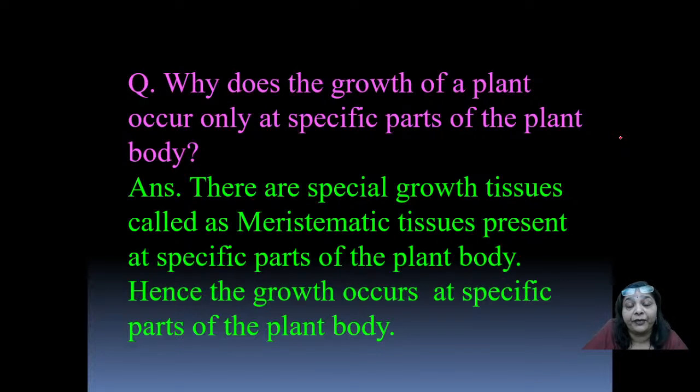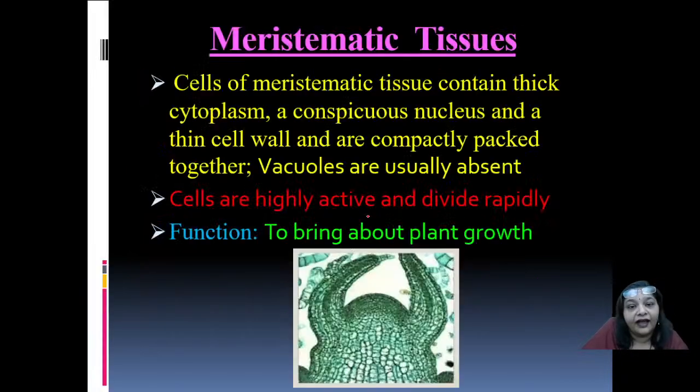These tissues help in the growth of the plant, whether it is in the stem or the roots, the branches or the leaves. Any part of the plant grows only because of these special growth tissues called the meristematic tissues. Now, let us talk about these meristematic tissues. The cells of meristematic tissue contain thick cytoplasm.